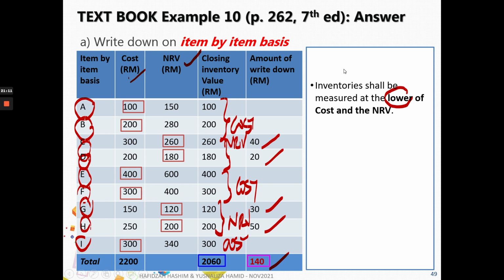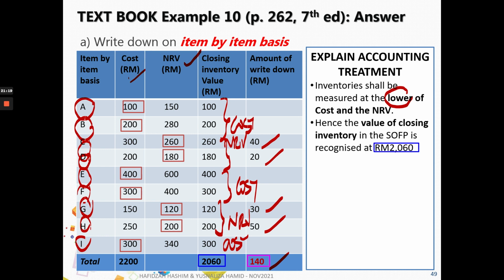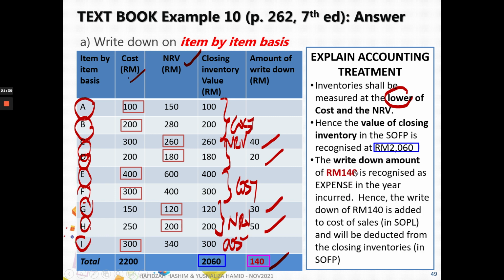So let's look at the accounting treatment. How do we explain? Of course, inventory shall be measured at the lower of cost and net realizable value. So the value of the closing inventory that will be shown in the SOFP under current asset will be recognized at the 2060 here, which is the total of the closing inventory value coming from the items that you have here from A to I. However, there is a need for us to write down the 140, and that should be recognized as an expense, recognized under cost of sale.